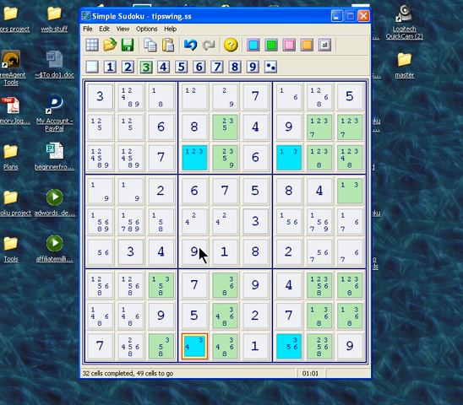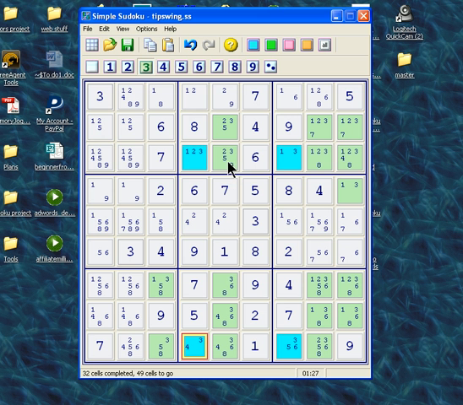How do I know that? If you look here, you'll see that in the two columns that have the blue cells in them, there are only two instances of the search value 3. And so by definition, this one exists in columns, so we'll do our eliminating in the rows.